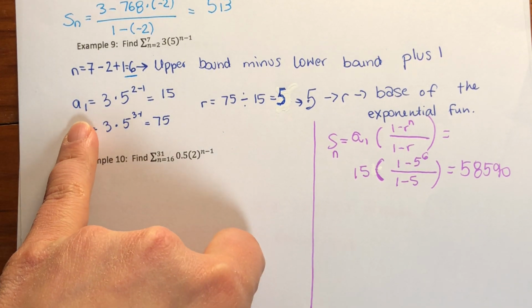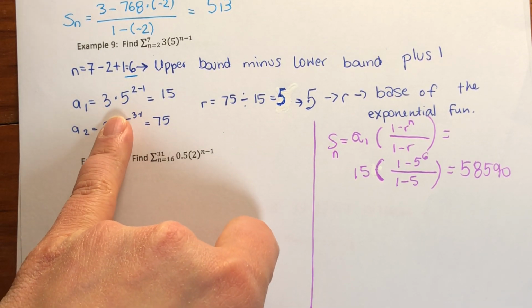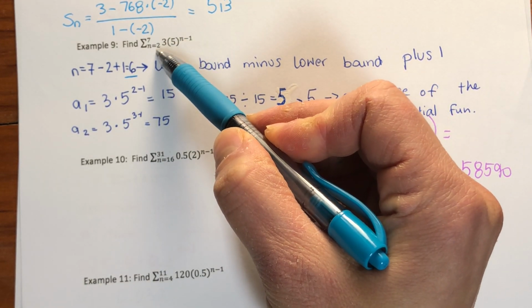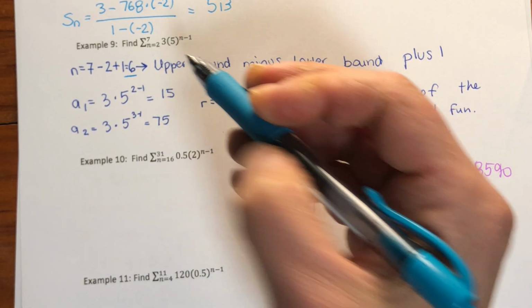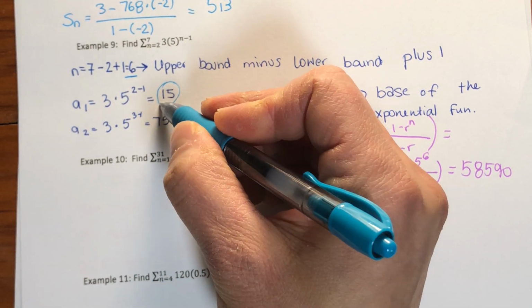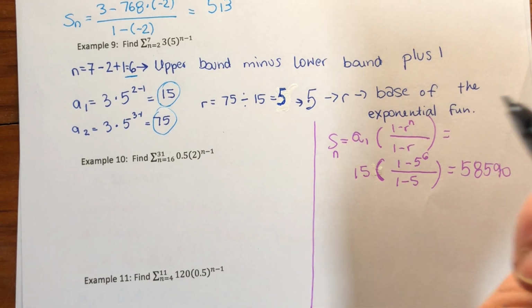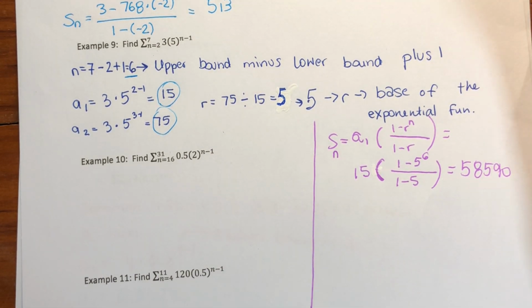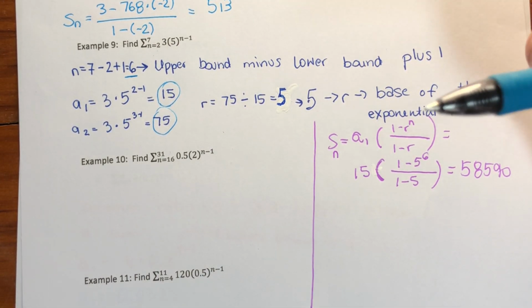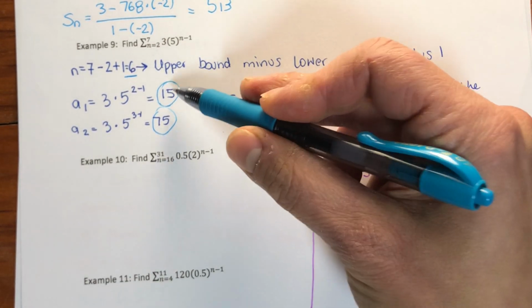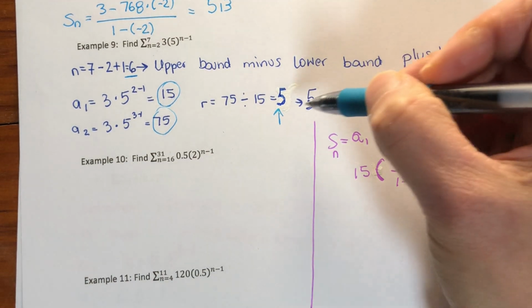All right, the first term is equal to 3 times, again, plug in n is equal to 2, because that's our first term, and that was 15. I did find the second term as well. And the reason why I did this was because I wanted to see what the common ratio was. And I took the 75 and divided it by 15.